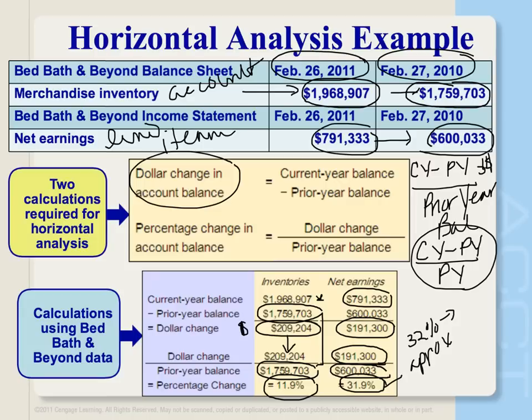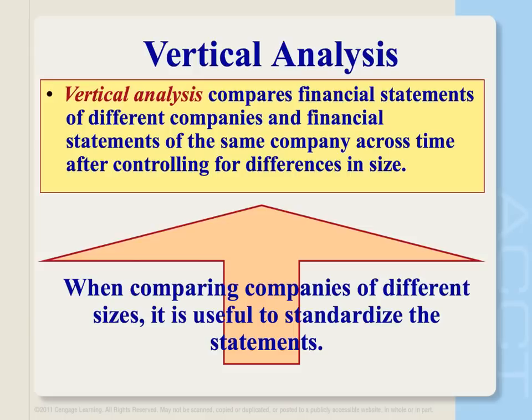So in looking at this horizontal analysis example we just completed, we're going to look at the other analysis, which is vertical analysis, and then we'll work through an example or two, and then you'll be left to your own to work on some examples in some homework problems going through this. So let's go ahead and take a look.